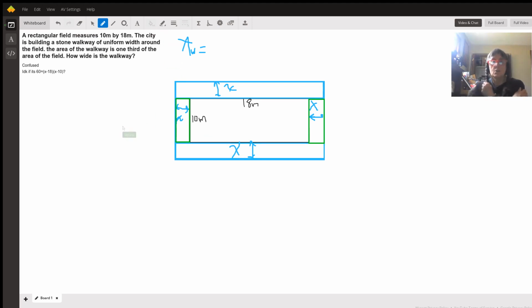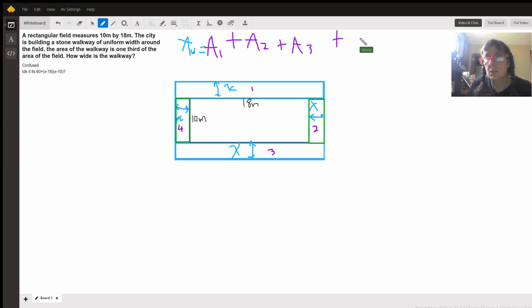Okay, so the area of the sidewalk, let's call this our first rectangle, our second rectangle, our third rectangle, and our fourth rectangle. So the area of the sidewalk is the area of the first rectangle plus the area of the second rectangle plus the area of the third rectangle plus the area of the fourth rectangle.